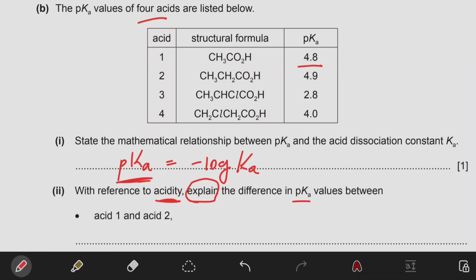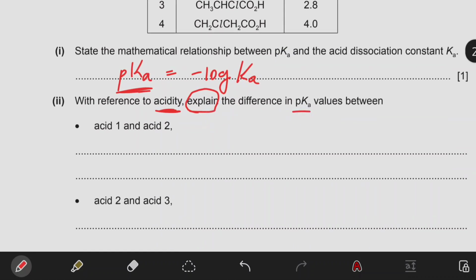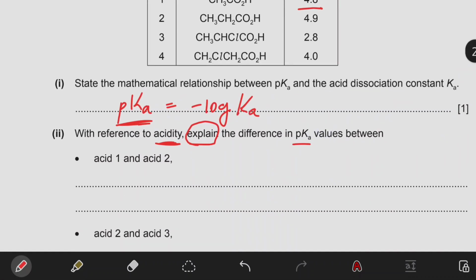And why is that? So acid 1, which is actually ethanoic acid, is more acidic than acid 2, which is propanoic acid.